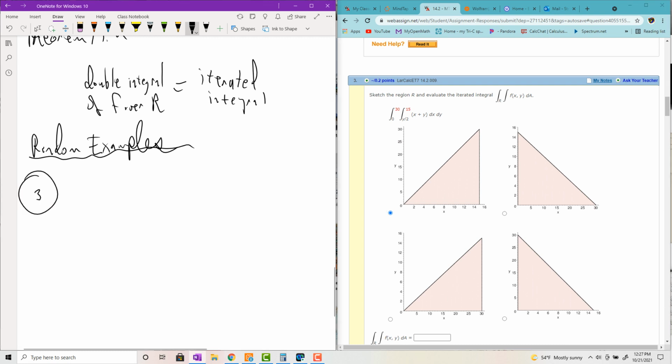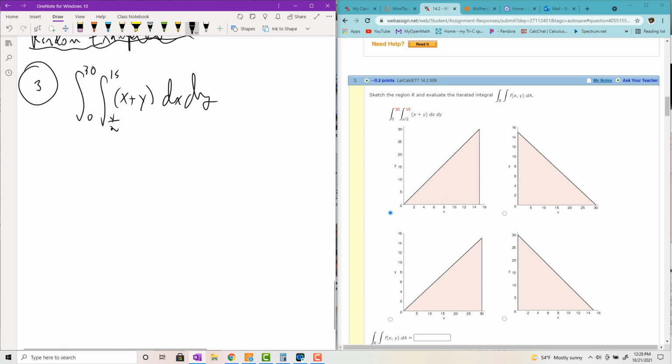Okay, so let's look at number 3. Sketch the region and then evaluate. So 0 to 30, y over 2 to 15. They always give you crazy limits because it's computer generated. To sketch this thing, it's basically just a 14.1 problem. I want to go from x equals y over 2 to x equals 15.